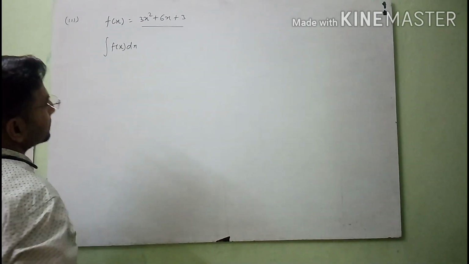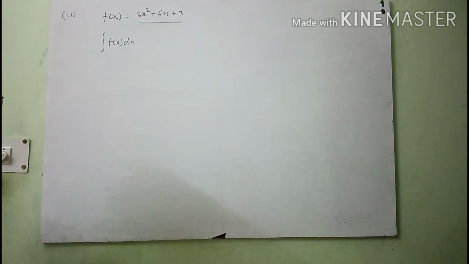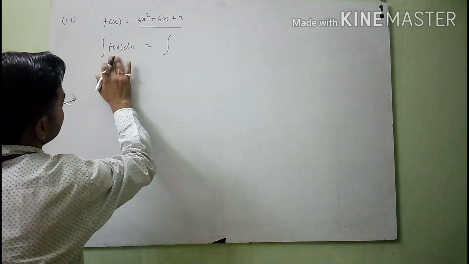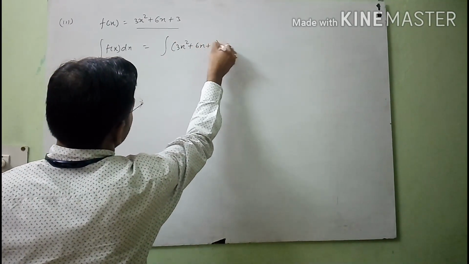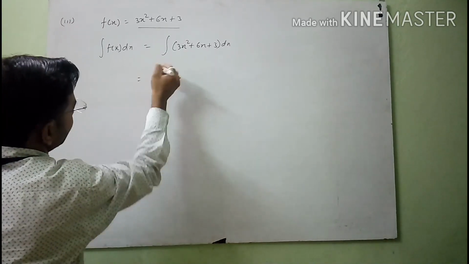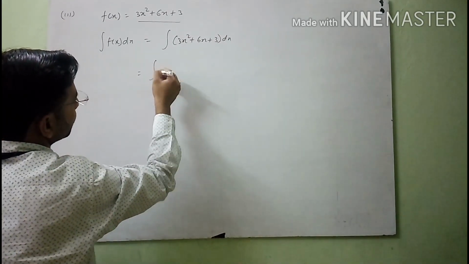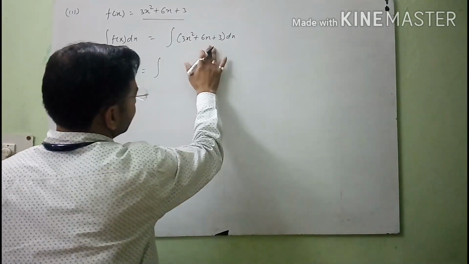Here, this is the last question in which I will explain the integration of an algebraic function. So here, integration of fx dx means integration of fx. You will write 3x square plus 6x plus 3 in place of fx, and dx. Then what we will do, you can separate it because of operational integration. In case of operation we will split first.